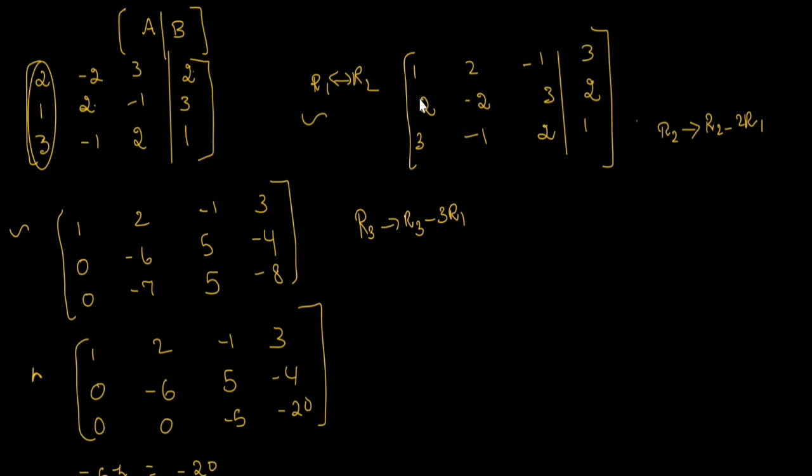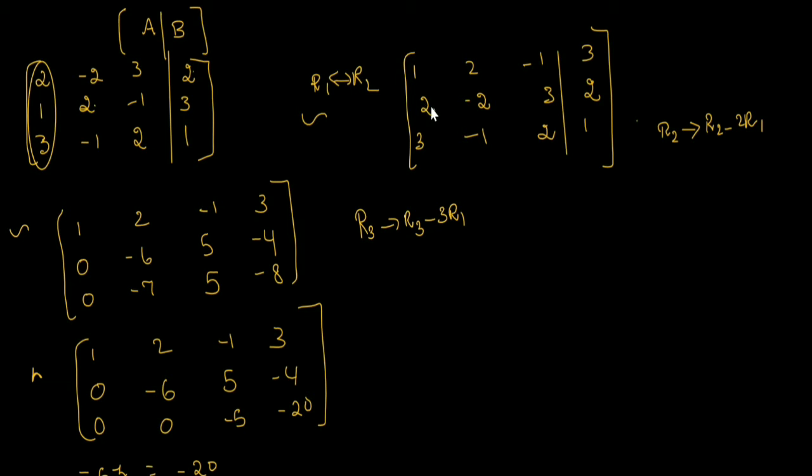Below the first element, all the entries in the first column should be 0. So how do you make this a 0?